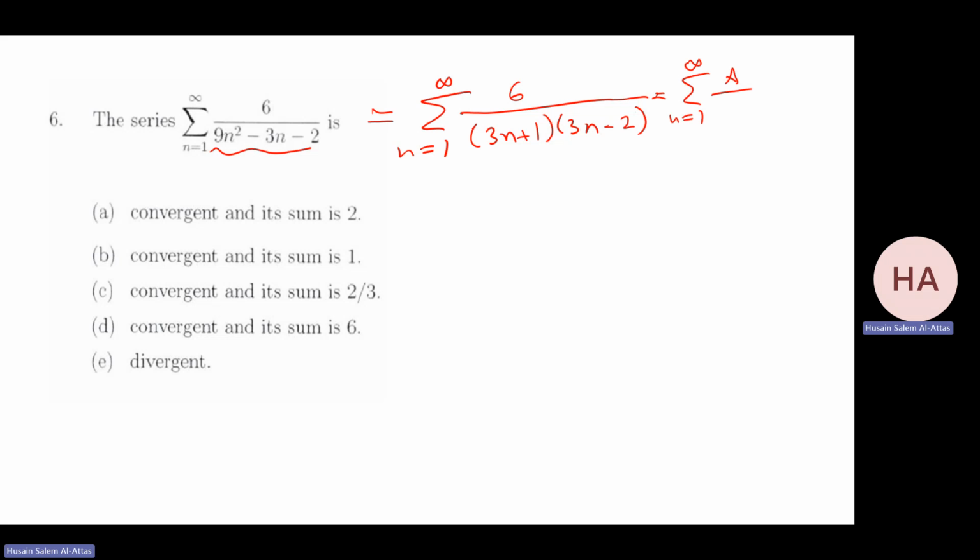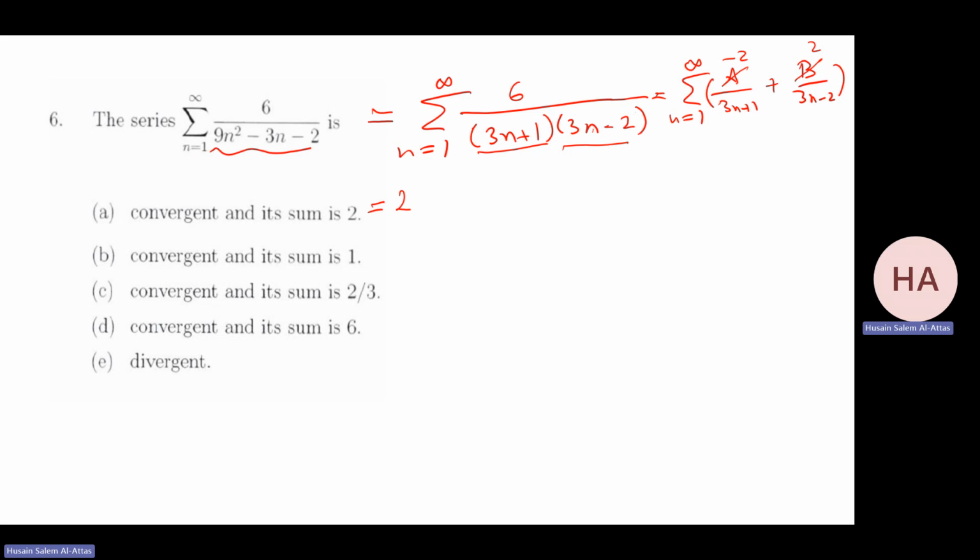That will be a over 3n plus 1 plus b over 3n minus 2. I cover 3n plus 1 and substitute minus 1 over 3. You get, we put minus 1 over 3, that will be minus 3, that will be minus 2. Now I cover this and put 2 over 3 here. I have 6 over 3, which is 2. So I can take common factor 2.